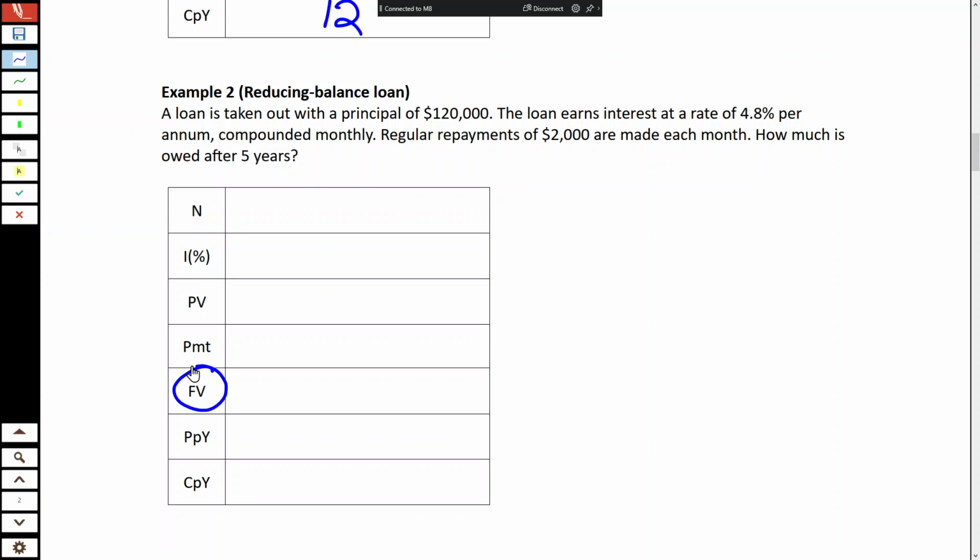So we're going to solve for the future value of this investment, which means I need to provide every number except that one. So I need a number for N, I, PV, PMT, PPY, and CPY. Okay, so monthly and monthly, 12 and 12. That's the easy part. I'm going to ask some people. So, Claire, what value of capital N do you think I should use here?